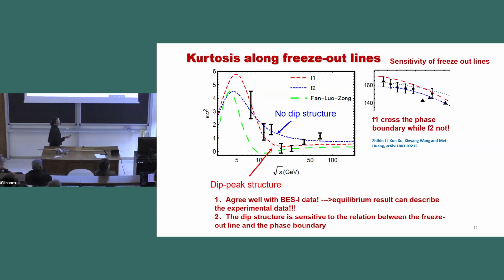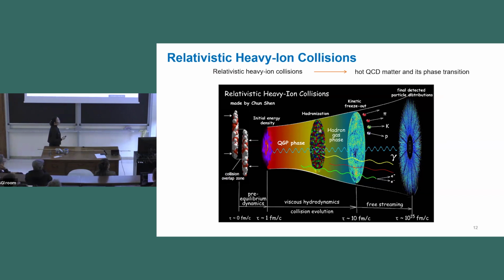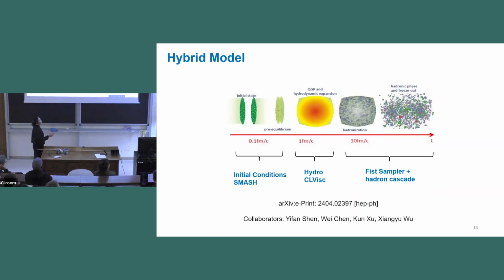We are doing an exercise with a hybrid model. We have some initial conditions from SMASH, and then we use hydro to evolve the system, and the observables come from the sampling. After the sampling, we have the proton observables.